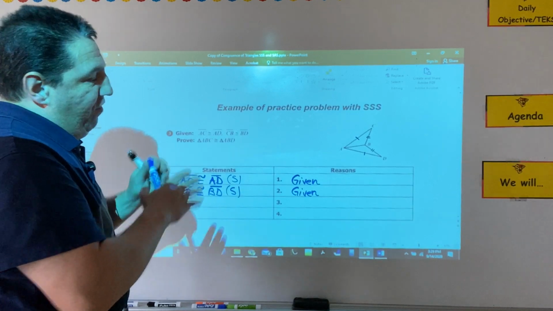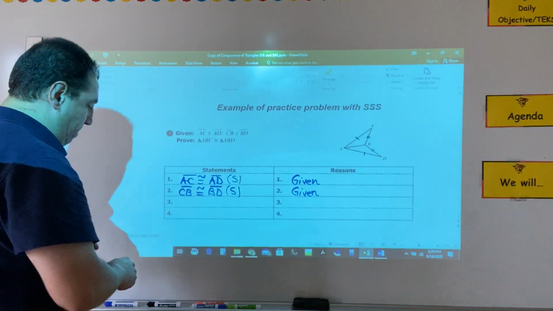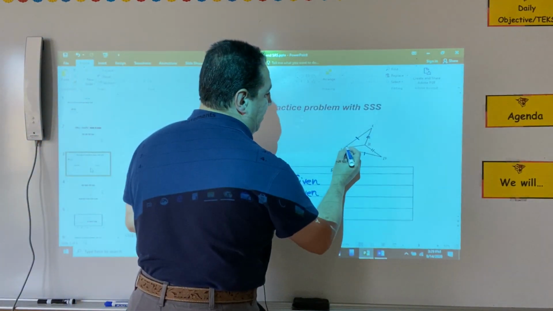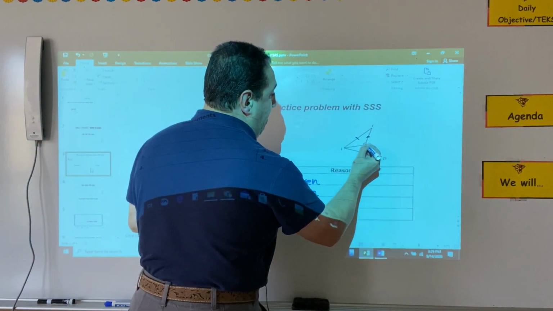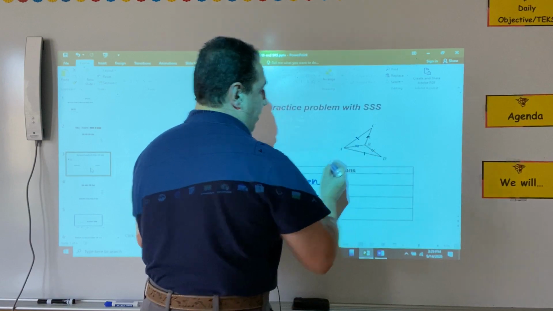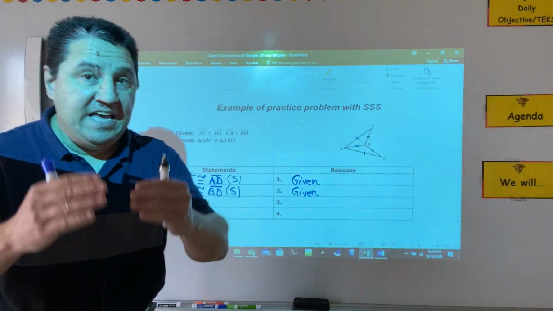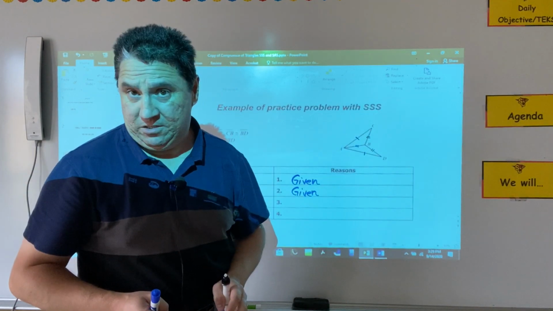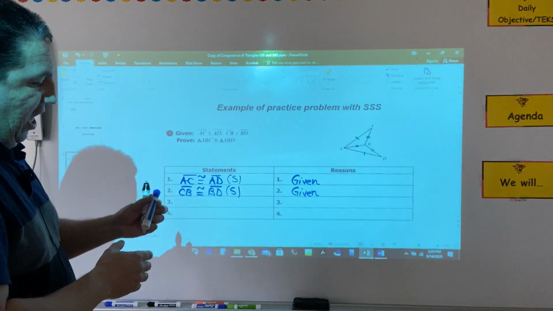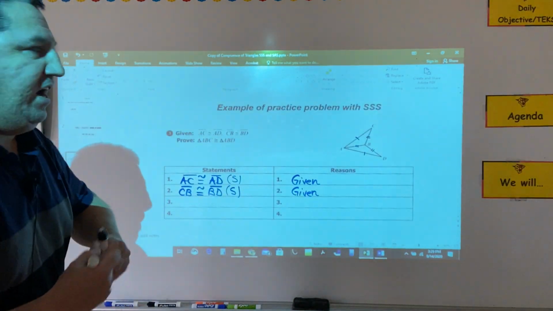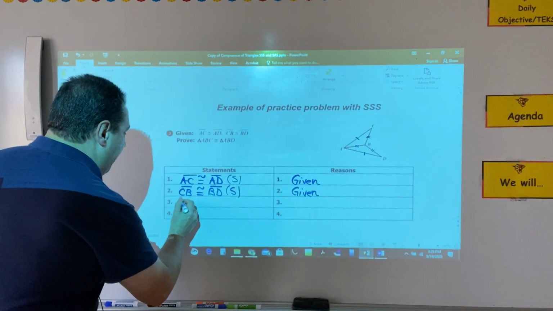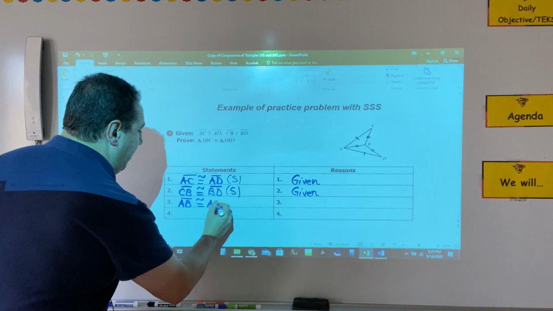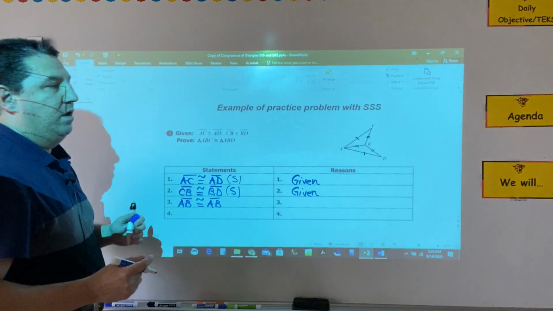If you look at this diagram, we can notice that side AB is a common side for both triangles. So, I think it's fair to say AB is congruent to AB. Why?